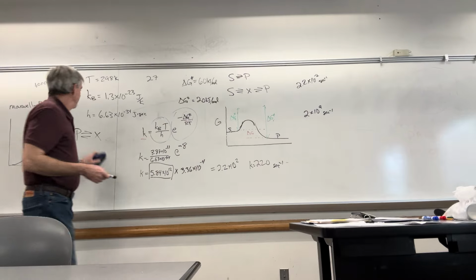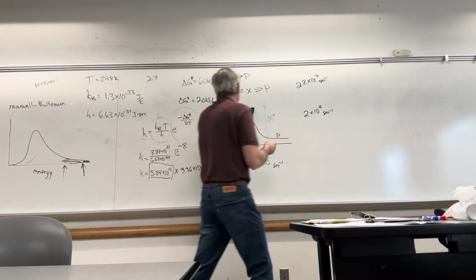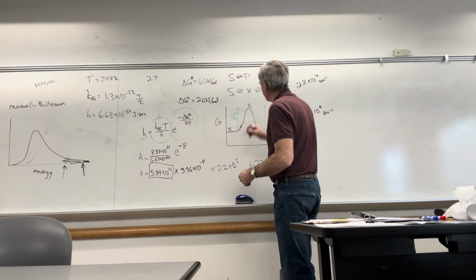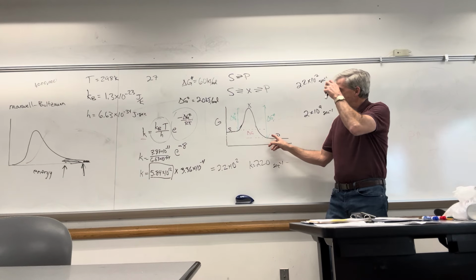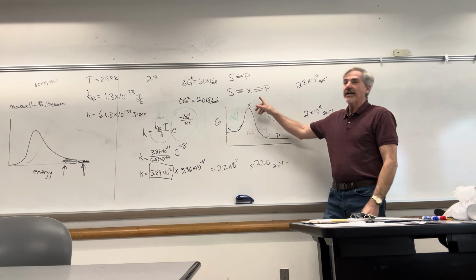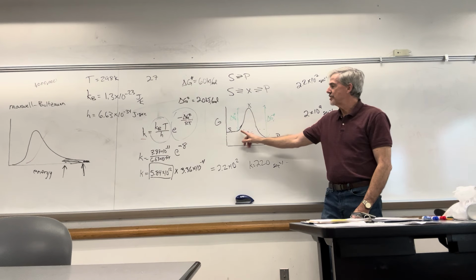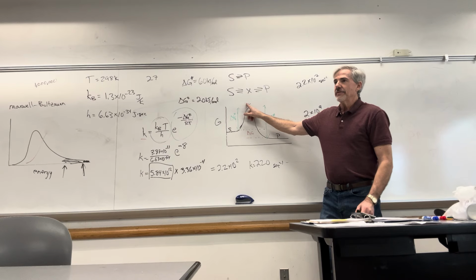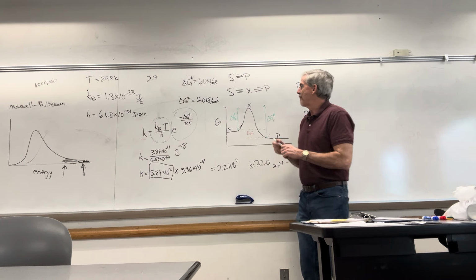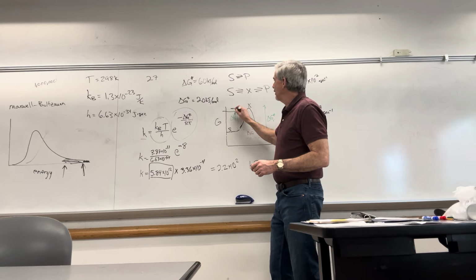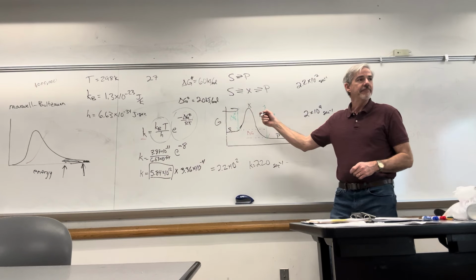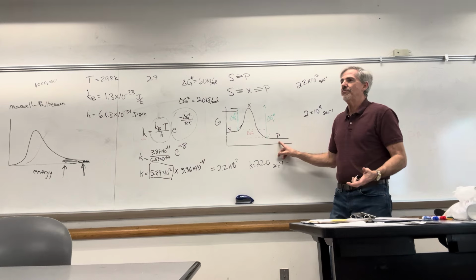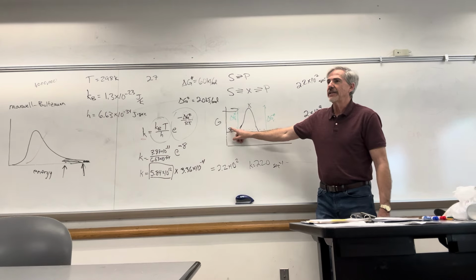Okay, so the way I drew the reaction, it takes more energy to get from product to transition state than it does from substrate to transition state. So there's going to be a faster rate constant going forward than going back, and that's why at equilibrium we end up with more product than substrate.